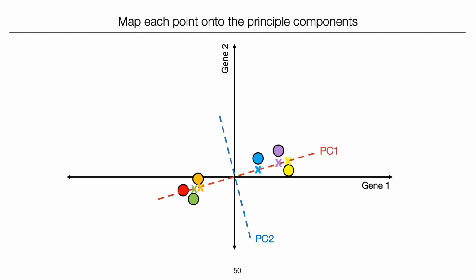Once we have identified the two principal components, we're going to map each data point onto these two new axes. The resulting new coordinates are indicated by the colored crosses on the two principal components.